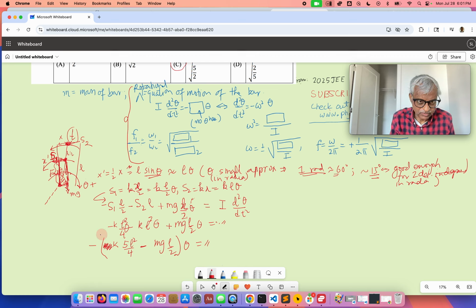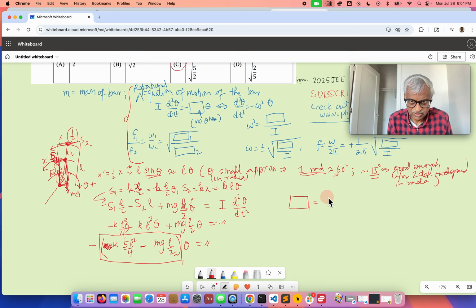So this is our box 1. So let's write it over box 1. Box 1 is 5 over 4 k L square plus mg L over 2.